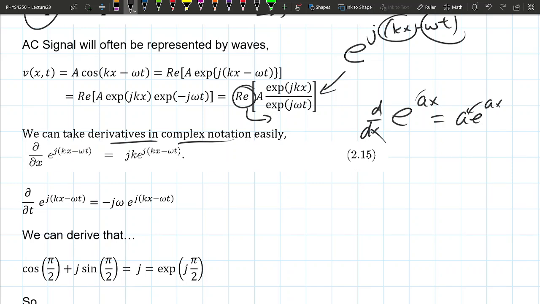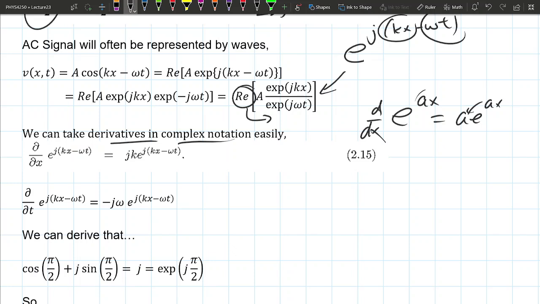Same thing when you take a derivative with respect to x, though these are partial derivatives. Those of you who haven't had Calc 3, just think about them as a regular derivative where you ignore the t. So when you take this derivative, the j and the k are the constant in front of the x, so that pops out in front. The rest stays the same.